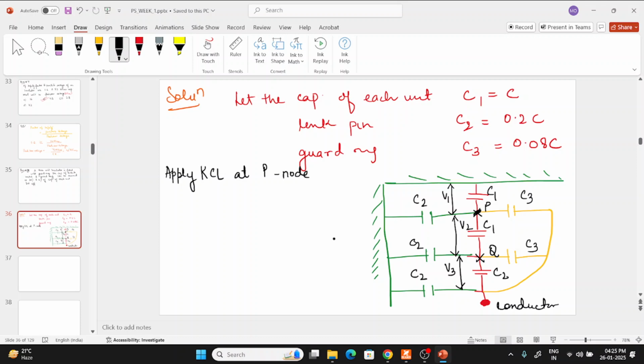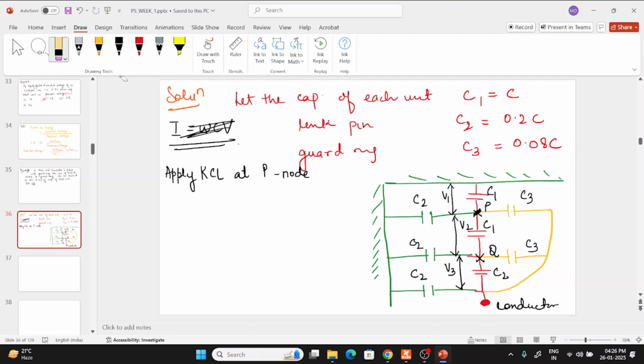Okay, so it will be like this. How we calculate I? I is equal to omega CV. Okay, this is the way we calculate it.